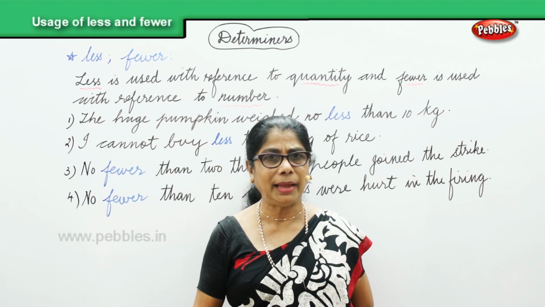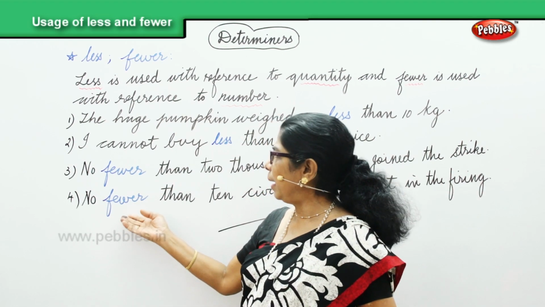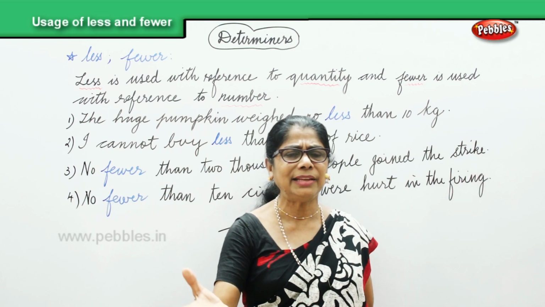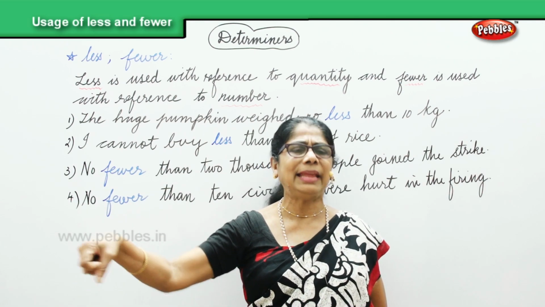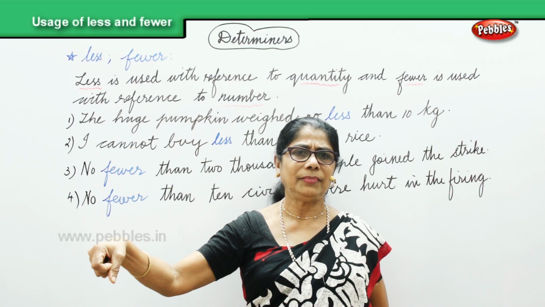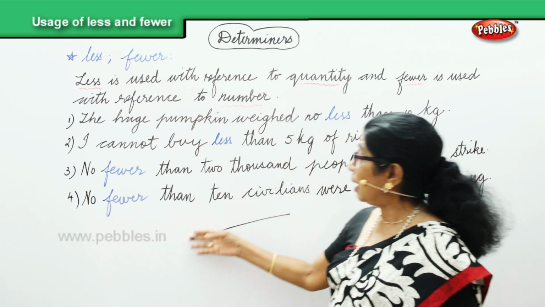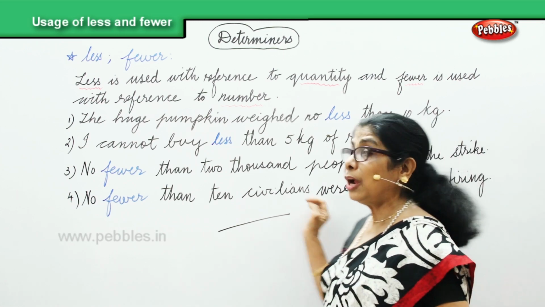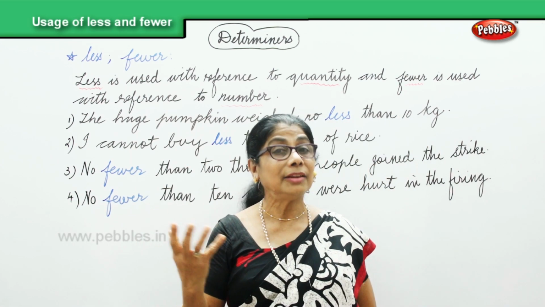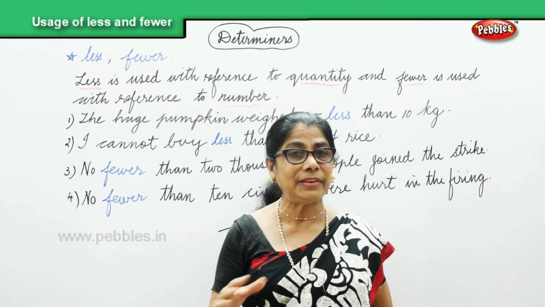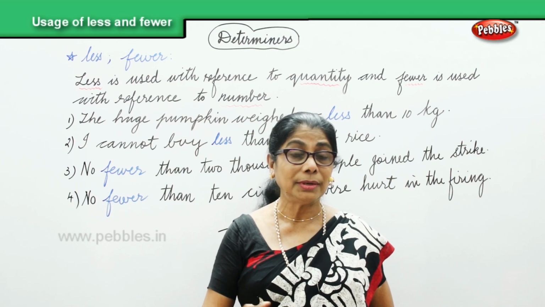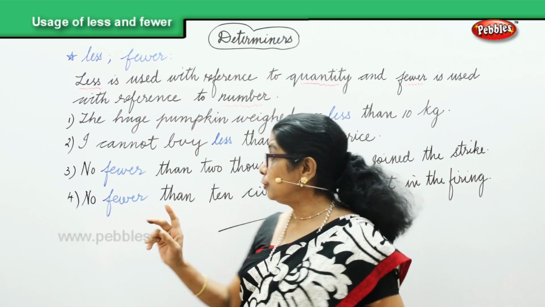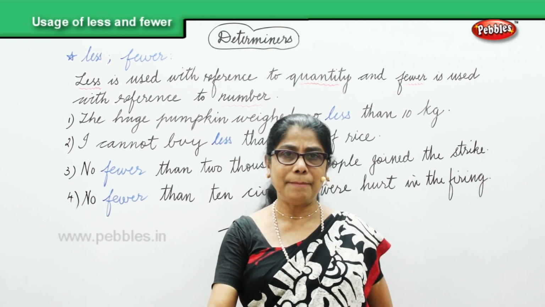I cannot buy no fewer than 10 kg rice. They only give it in 10 kg. No fewer than 10 civilians. There was a shootout there and not less than 10 people, civilians, died in the shoot. So the number, when you say fewer.